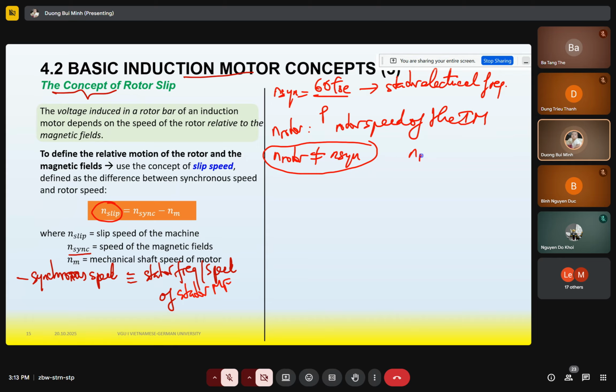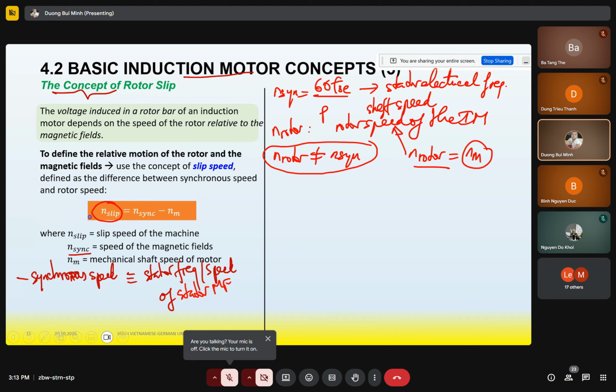Sometimes we say n_rotor, sometimes n_m, the same: this is the rotor shaft speed of induction motors. So slip speed is n_sync minus n_rotor.